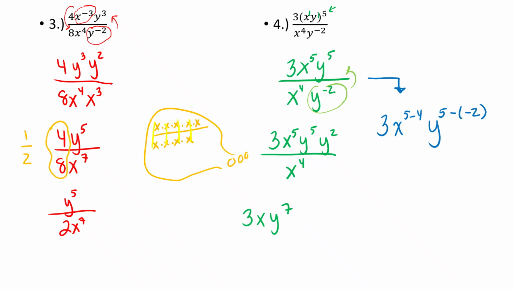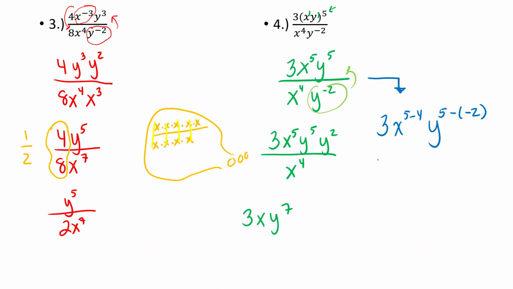Now, I think you can tell right off why that is maybe not the thing that your teacher would tell you to do. I would tell my students, just move those negative exponents to where you don't have them anymore. Then you don't have to deal with subtracting a negative, because a lot of students are just going to say 5 minus 2. They're not going to do 5 minus -2.